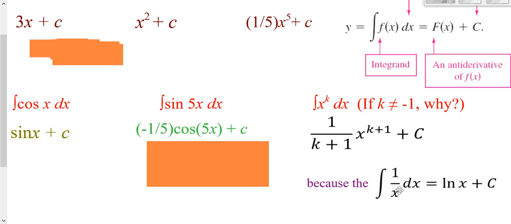X to the 0, you should know, is 1, and so it doesn't make sense that your antiderivative would just be 1 for this problem. It ends up, when it's 1 over x dx, being the natural log plus c. And we'll get into that once we get into chapter 5.